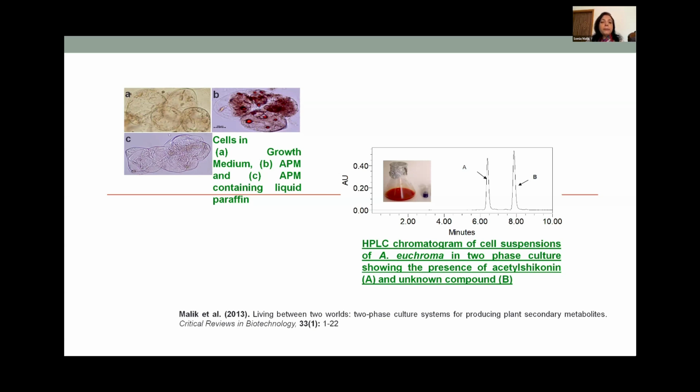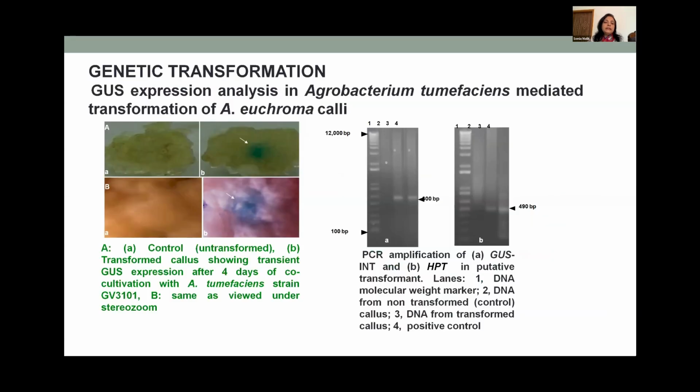By including the paraffin, we saw that the shape of the cell was intact, they were in very good form, and we were able to reculture them also. Unlike these, the pigmented cells full of pigments were highly globular in shape, and they were not that healthy.